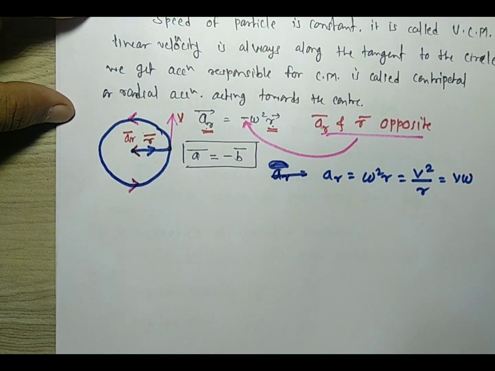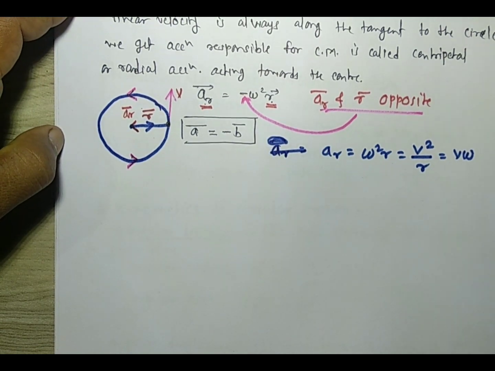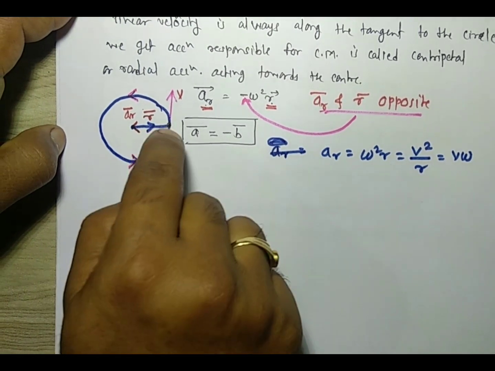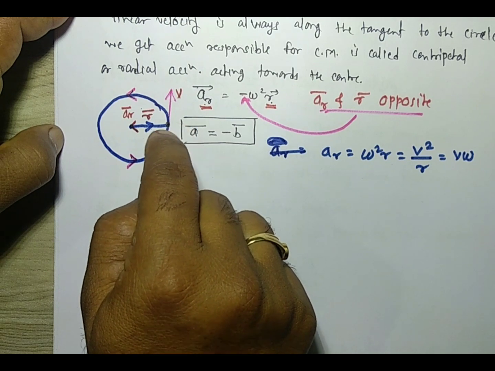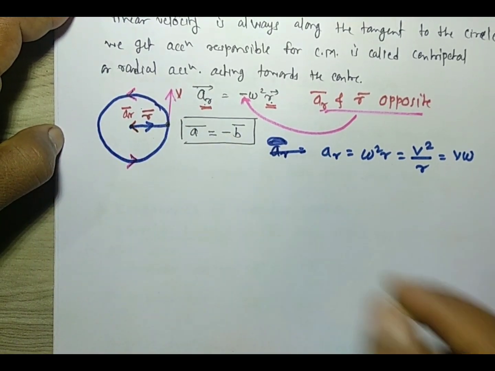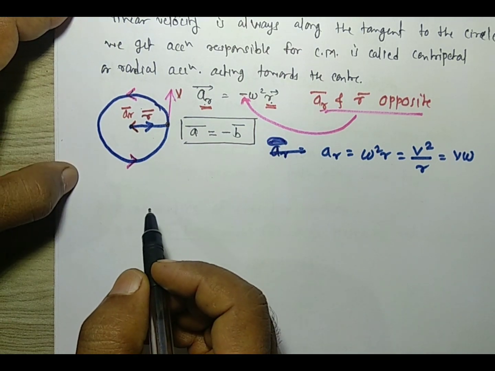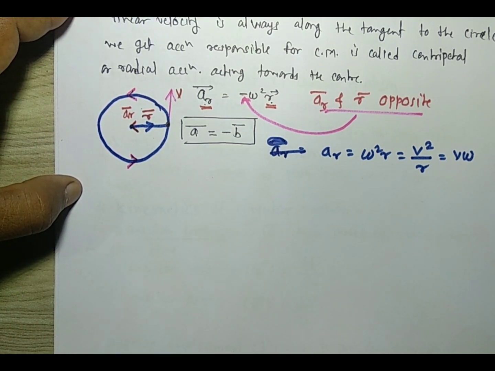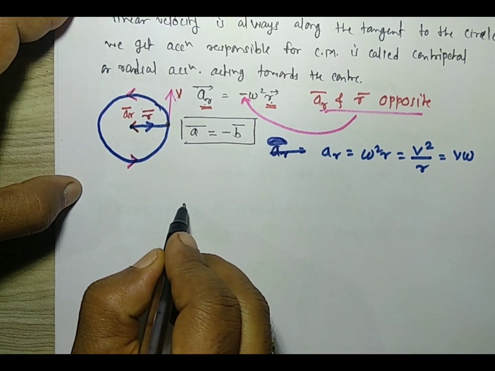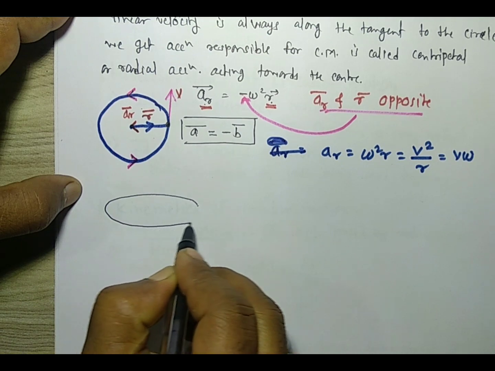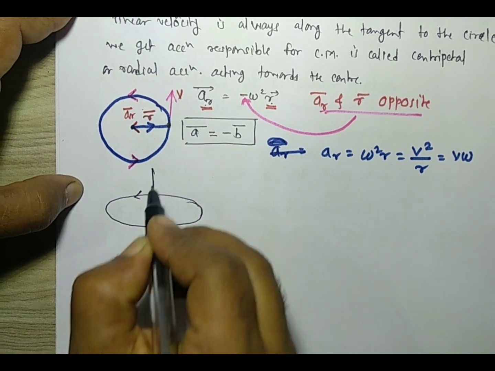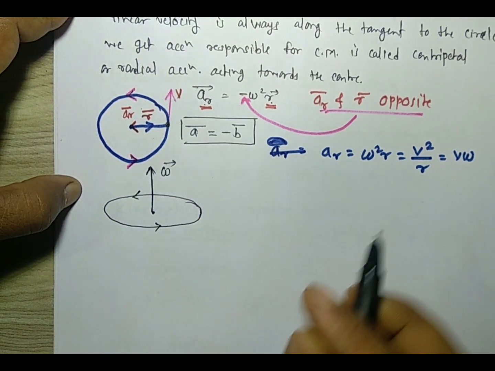Right now we consider uniform circular motion: the linear velocity is along the tangent, the radius vector is from here to here, and the acceleration is directed inward. Now the right hand thumb rule: the direction of angular velocity is given by the right hand thumb rule.